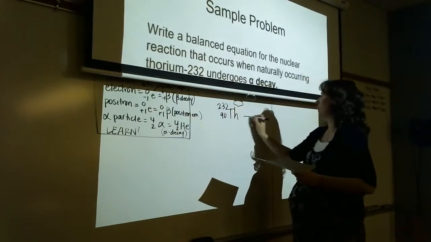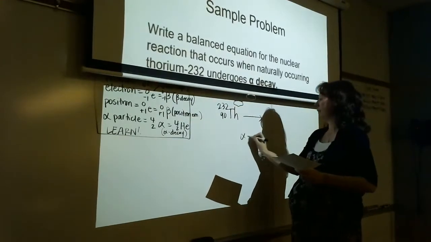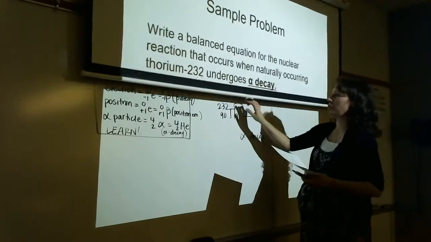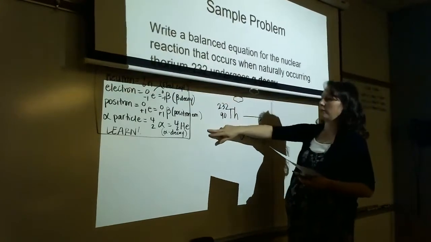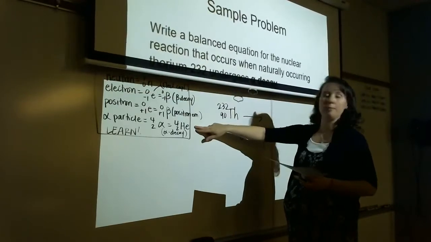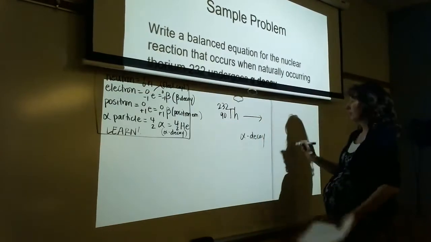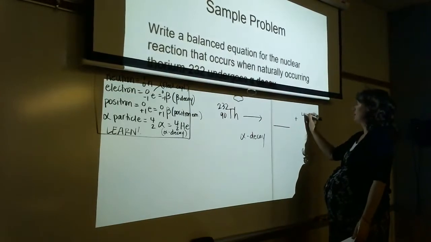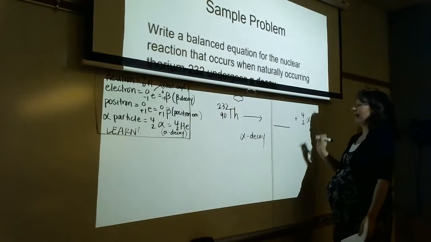All right, so this is undergoing alpha decay. So I look at my little cheat sheet and say to myself, okay, alpha decay is emitting an alpha particle. All right, so that means I'm going to be producing something plus 4, 2, alpha.